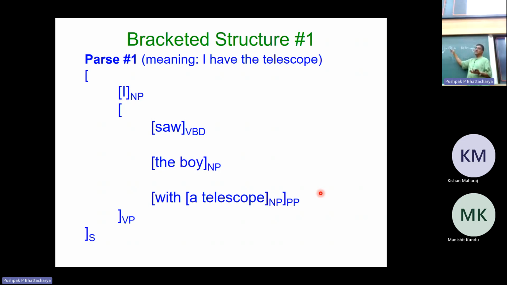The level that is starting to form is PP because the signal is very strong. It is "with". There is no other possibility. A phrase which starts with "with" has to be a preposition phrase. Can it be a verb phrase? No, because "with" is not a verb. Can it be a noun phrase? No, "with" is not a noun.